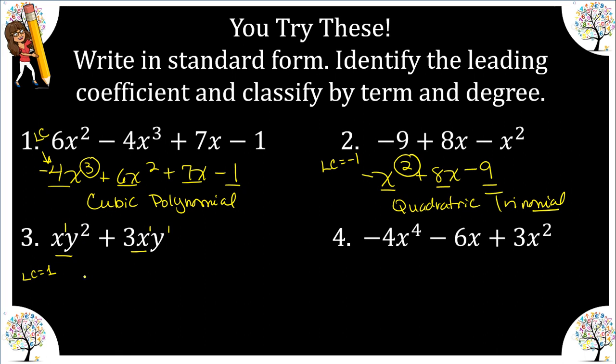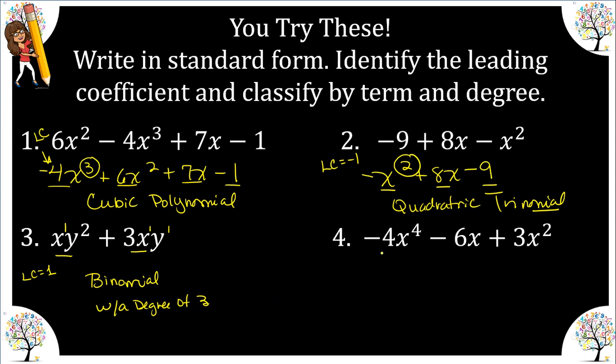I'm so sorry, a degree of 3, and it is a binomial. So you may want to write it in the opposite way, a binomial with a degree of 3. So let's fix this. I think it sounds better when we say a binomial with a degree of 3.